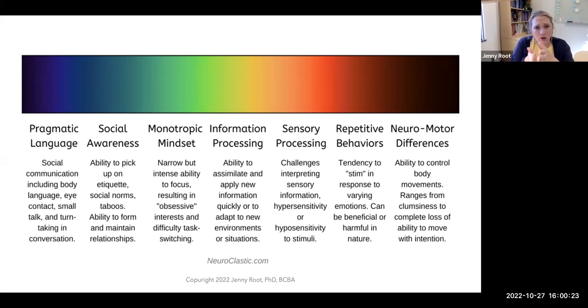A narrow focus, difficulty with task switching. So in the classroom, this might look like insisting on finishing a task before moving on to the next task. Information processing as well. So taking in new information, seeing, where does that fit in my schema, and how can I generalize and transfer that? Sensory processing, as I talked about before, being hyper or hyposensitive to stimuli.